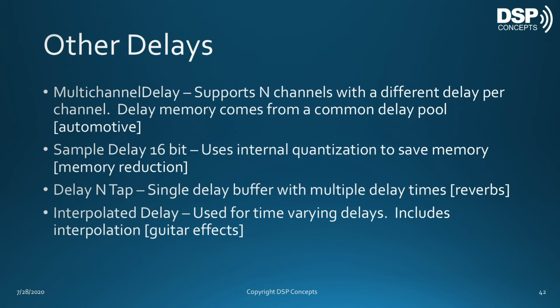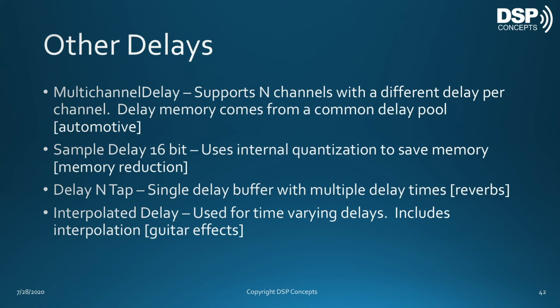Also some other delays. There's a multi-channel delay. So you can have n channels, put a different delay per channel. There's a common pool of memory, and that can be split between the different channels, very frequently used in automotive. If you're tight on memory, there's a 16-bit delay. Uses internal quantization, so we only save the high 16 bits there.